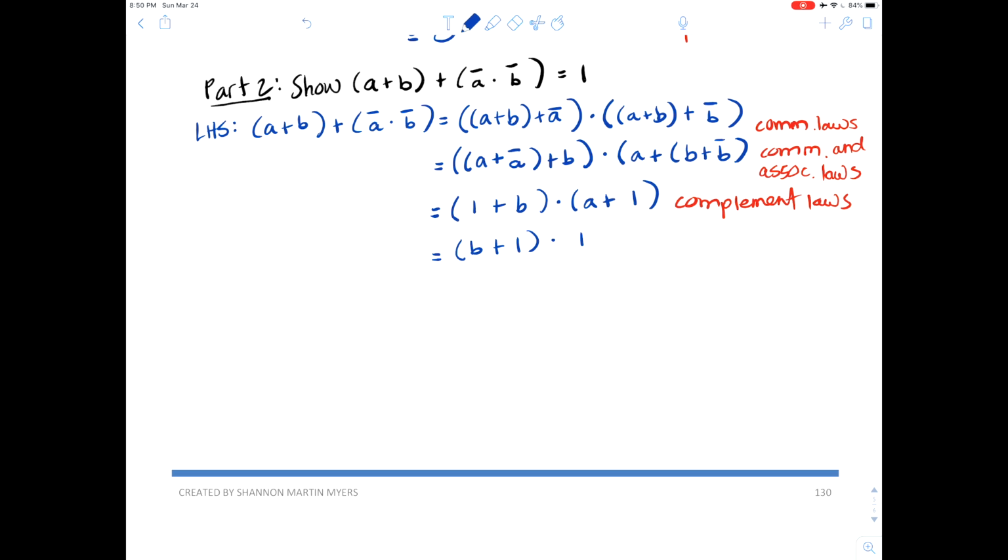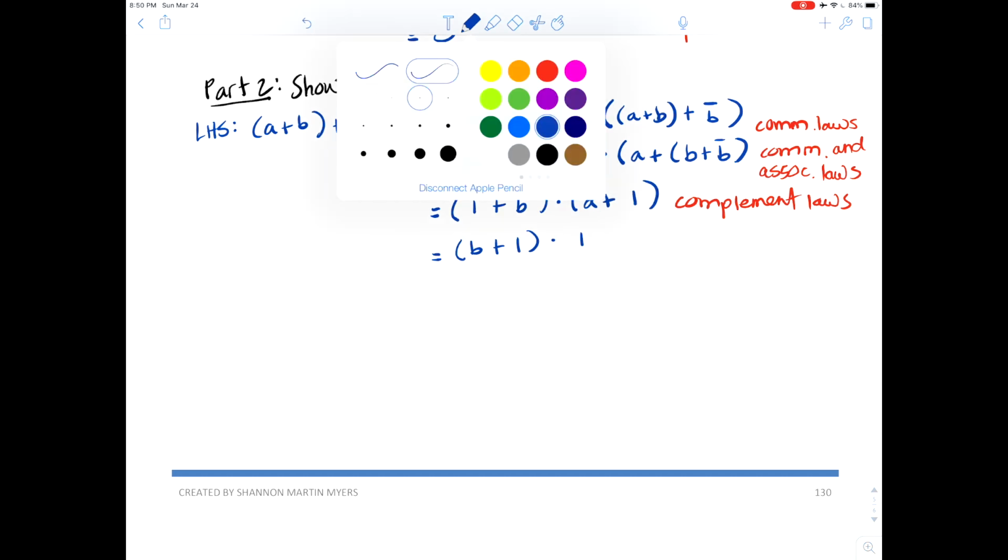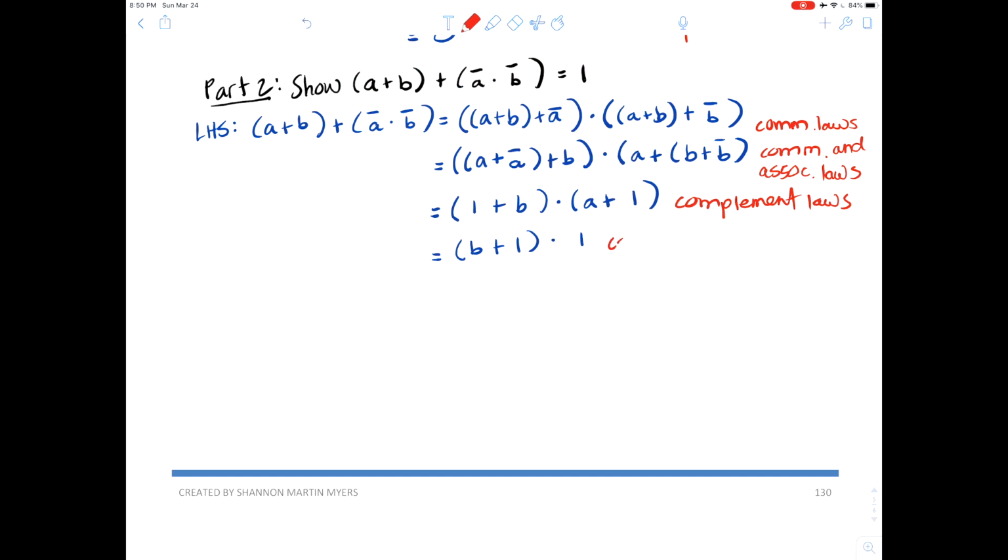The A or 1 is by, the first part was the commutativity, the switching the B and the 1. So commutative and universal bound laws.